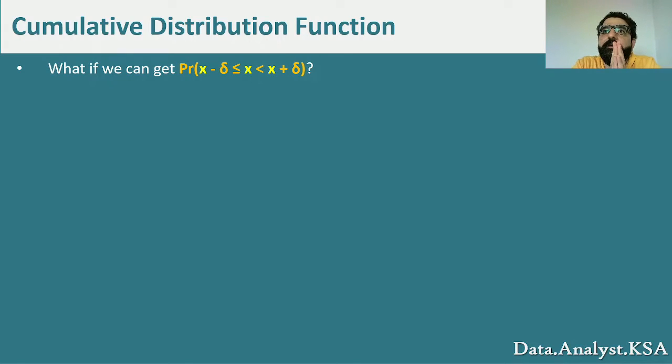So instead of saying, for example, I want to get 3.54231 whatever, I want to see what is the probability of drawing a number between 3.4 and 3.5.